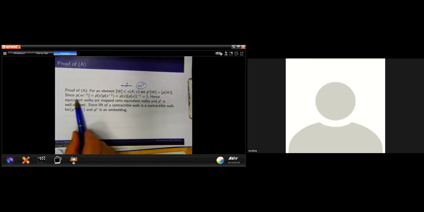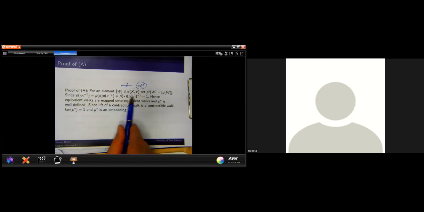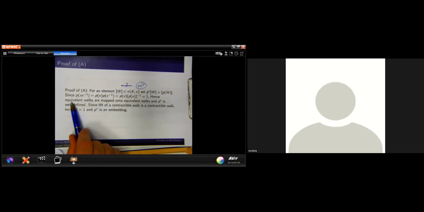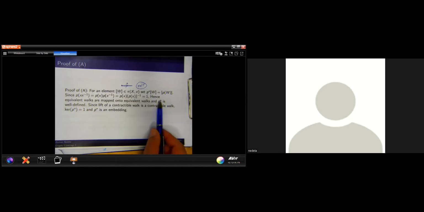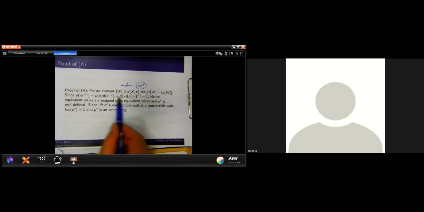And here is the argument: because an elementary contractible walk is projected onto an elementary contractible walk, equivalent walks are mapped onto equivalent walks. Therefore, P star is well defined. All the other things one gets immediately. So once this is well defined, it is a homomorphism, and you can read this from right to left.